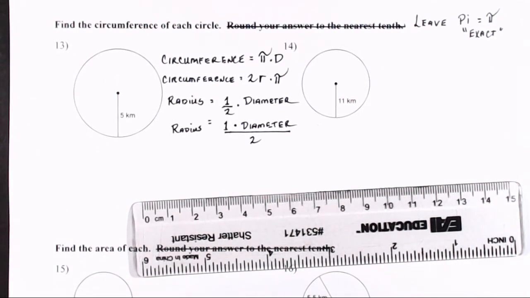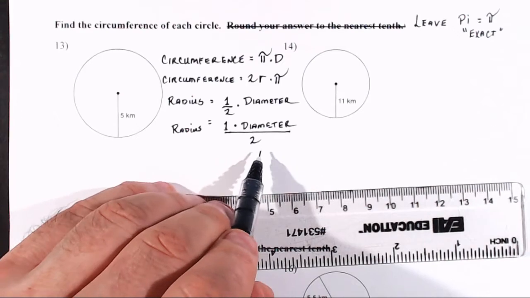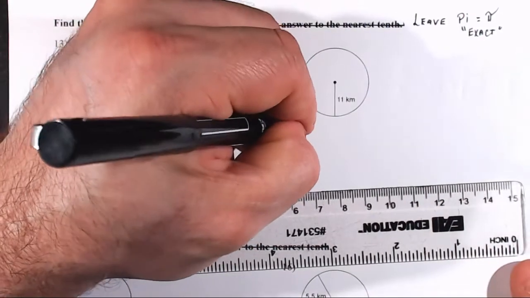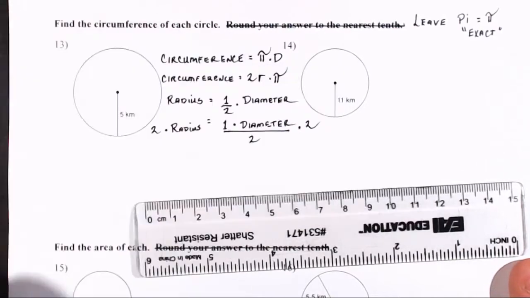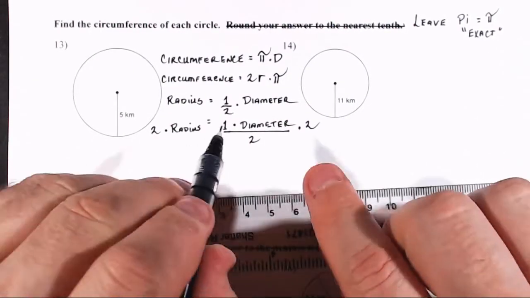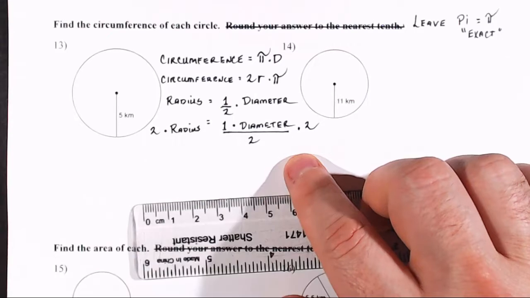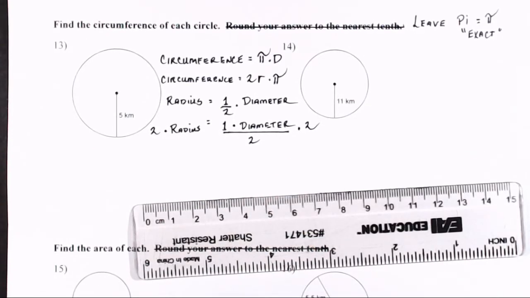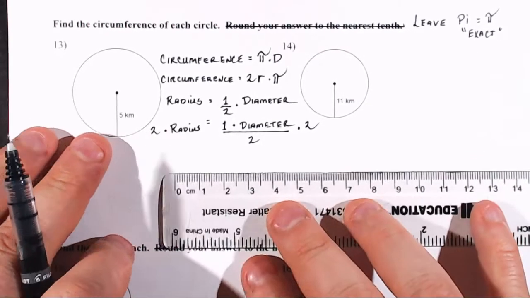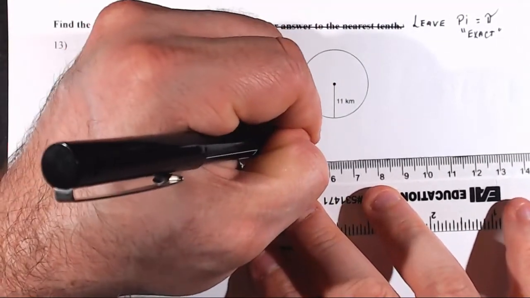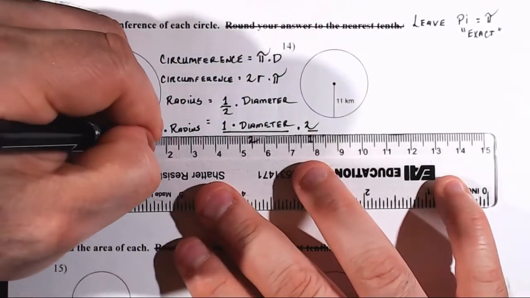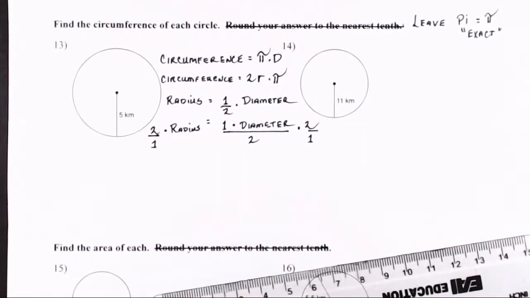Now, if I want to get rid of this 2 in the denominator, I multiply both sides by 2. Because I'm currently dividing the right side by 2, I've got to do the opposite, which is to multiply both sides by 2. And it's helpful sometimes to write 2 in its fraction form, so we understand what we're doing.